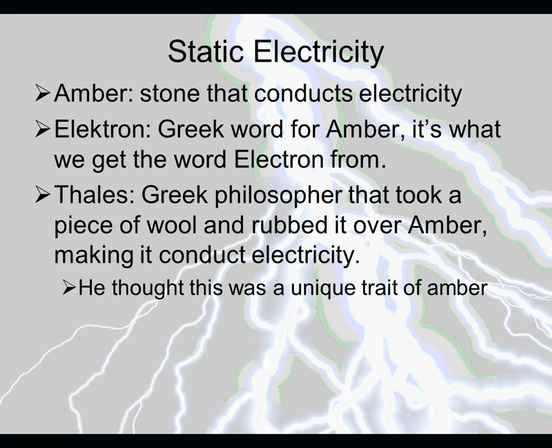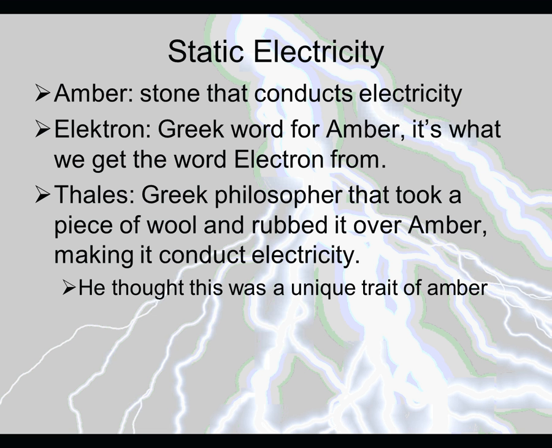Now amber, that's a stone that will conduct electricity. And electron here, I know it's spelled a little bit differently, but that's the Greek word for amber. And that's where we get our current word electron from.